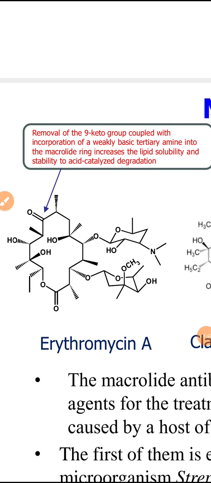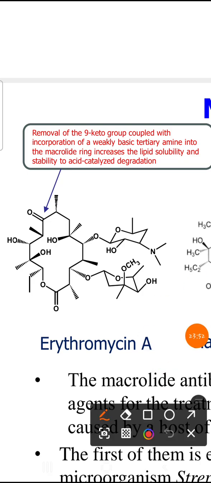In the case of erythromycin, it is a macrocyclic compound. The modification here is at the 9 position. The removal of the 9 keto group coupled with incorporation of a weakly basic tertiary amine into the macrolide ring decreases lipid solubility.